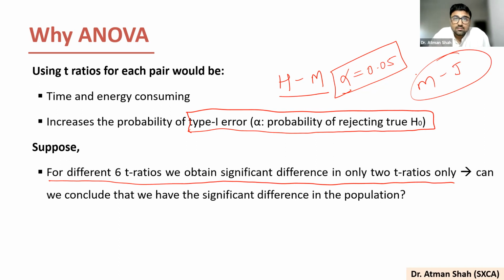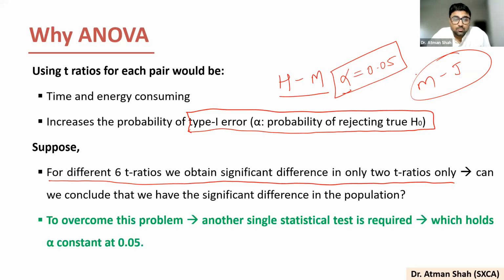It is quite difficult, because in 4 pairs your t-statistic is not statistically significant, but in 2 pairs it is. So it is quite complicated to conclude for the entire population. And therefore, we are not using more independent samples t-tests for various pairs.